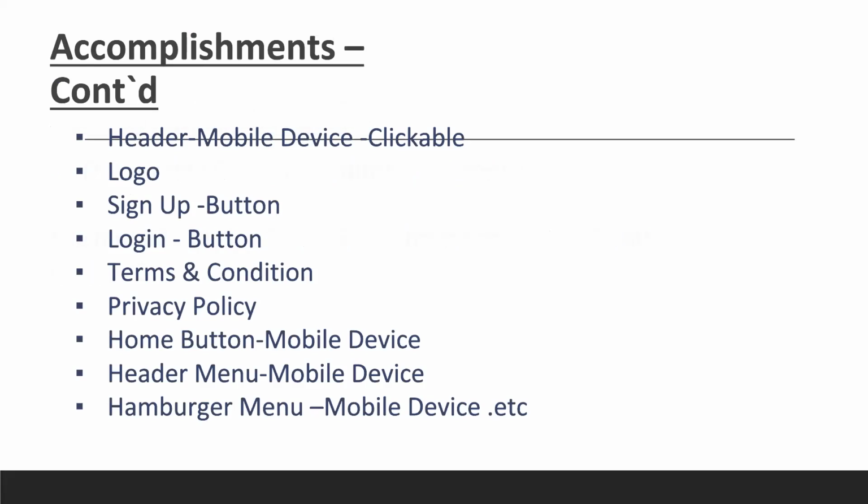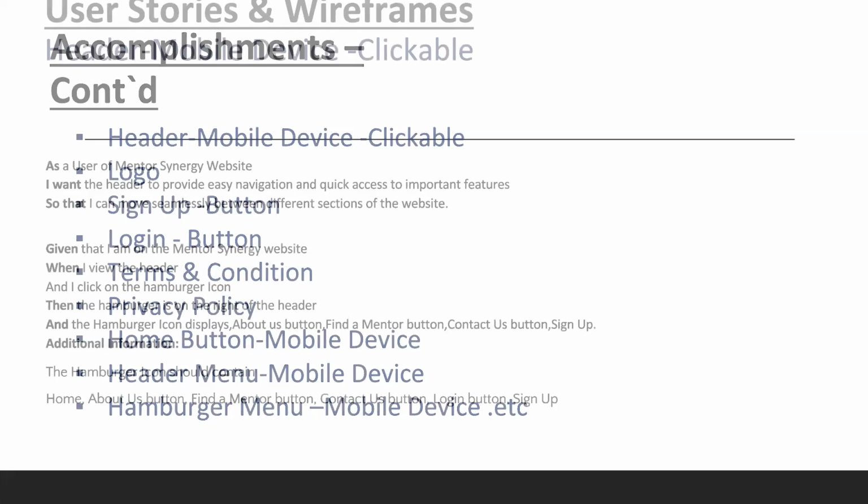The header mobile device clickable has been done: the logo, the sign up button, the login button, terms and condition link, privacy policy link, home button mobile device, header menu mobile device, and hamburger menu mobile device, etc.